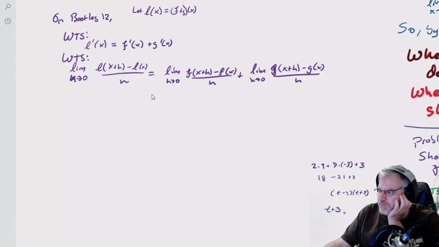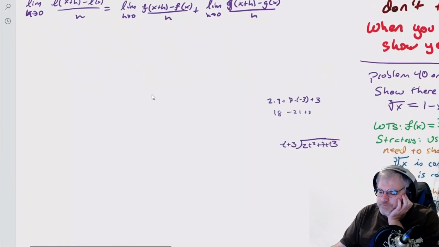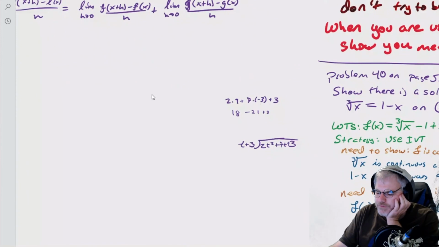So if I do t plus 3 into 2t squared plus 7t plus 3, let's see. t goes into 2t squared 2t times. That gives you 2t squared plus 6t.